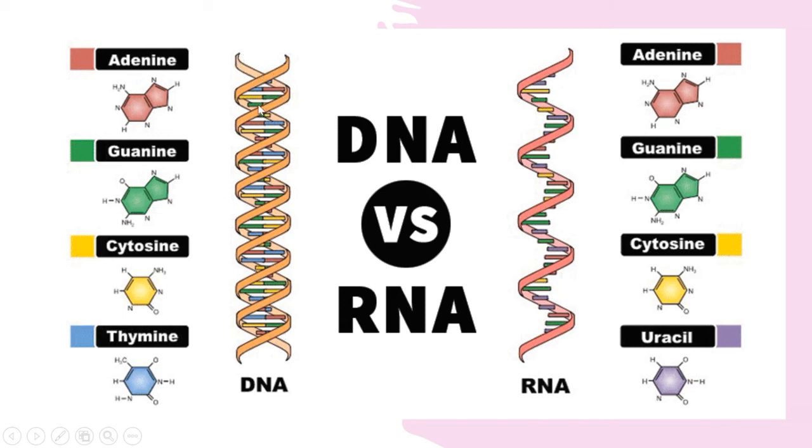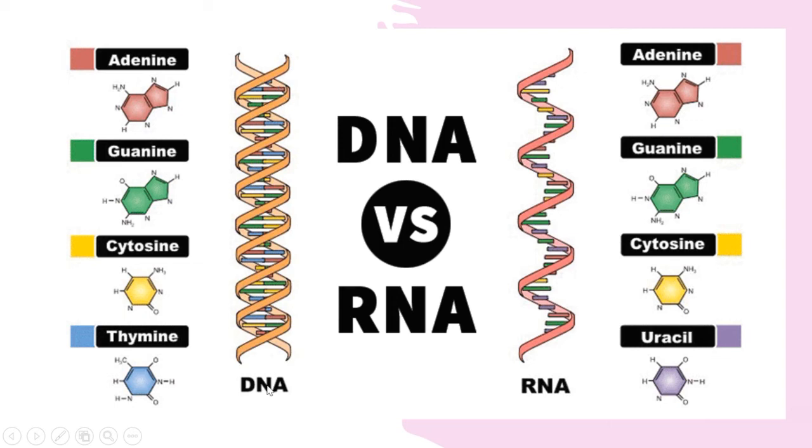This shape we call the double helix structure. Whereas the RNA only consists of one strand of polynucleotide, just one strand, whereas the DNA consists of 2 strands of polynucleotide that form the double helix structure.